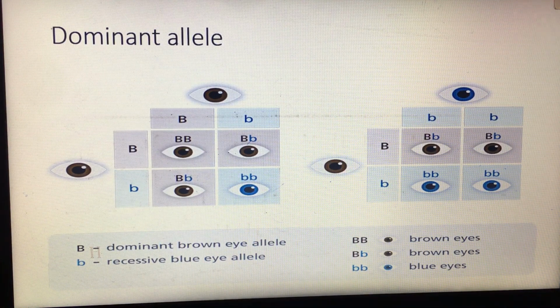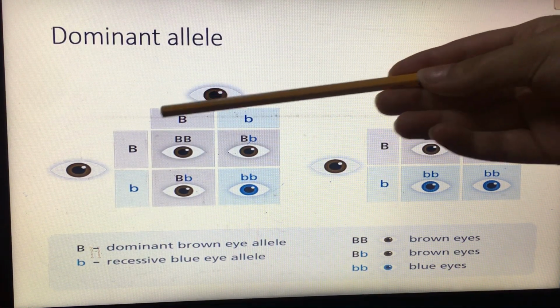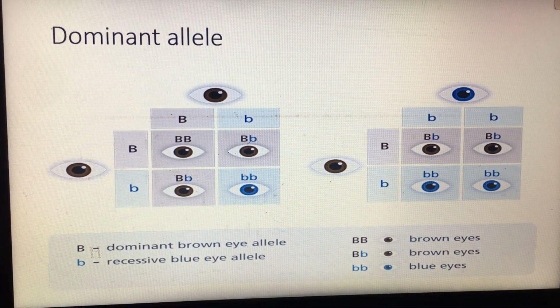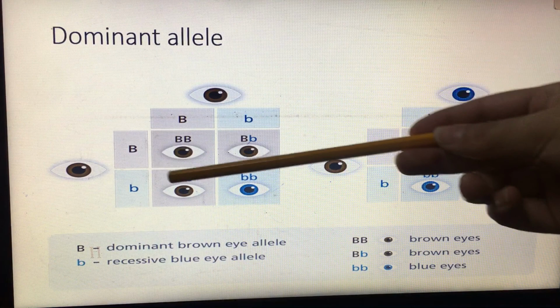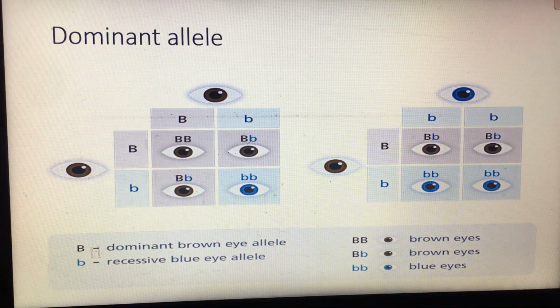Okay, the first one: if the dominant brown eye allele from the mother fuses with the dominant brown eye allele in the father, they will produce an offspring with B capital. So the offspring eye color is brown. Why? Because the dominant here is brown.